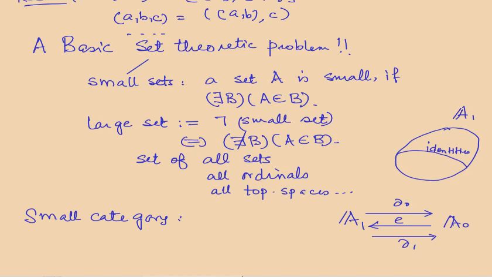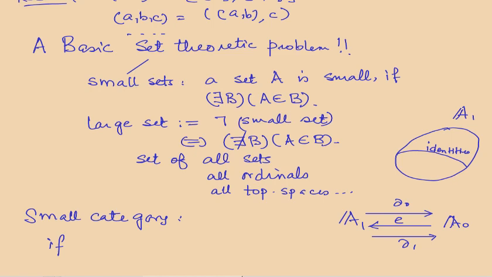But how to define a small category? The most obvious way is to say it has only a small number of morphisms, that means A1 is a small set. So it's a small category if the total number of morphisms is a small set. It forces therefore the hom sets to be small, because hom sets are subsets of the set of all morphisms.